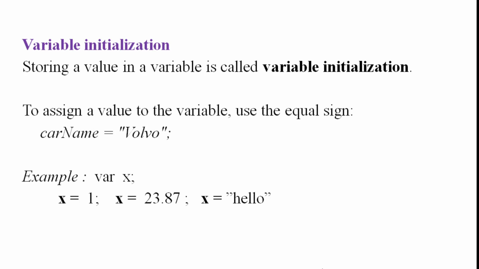Similarly, the other examples. JavaScript is a loosely typed language. That means you do not have to specify the data type of a variable when you declare it. And data types are converted automatically as needed during execution.